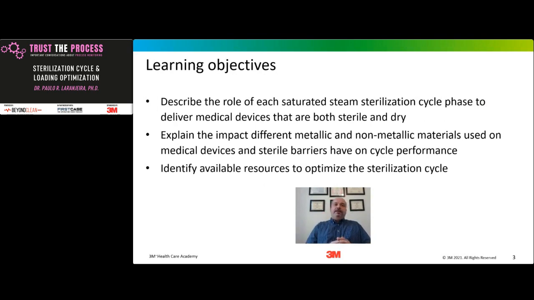Explain the impact of different medical device construction materials, metallic and non-metallic, to prevent saying plastic, in medical devices and sterile barriers, and see the impact that they bring to the cycle, and identify available resources to optimize the sterilization cycle. Okay?